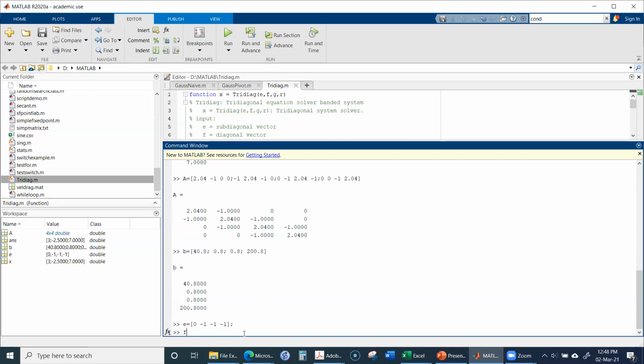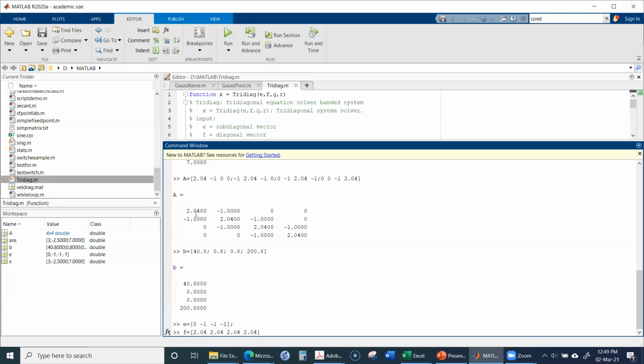F are the diagonal elements, so these will be 2.04, 2.04, 2.04, 2.04, four times. Remember that the diagonal elements and the sub and upper elements don't have to be the same.